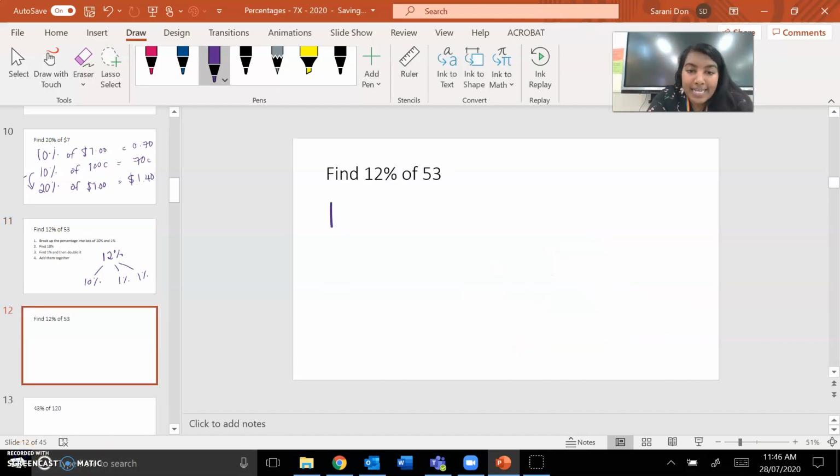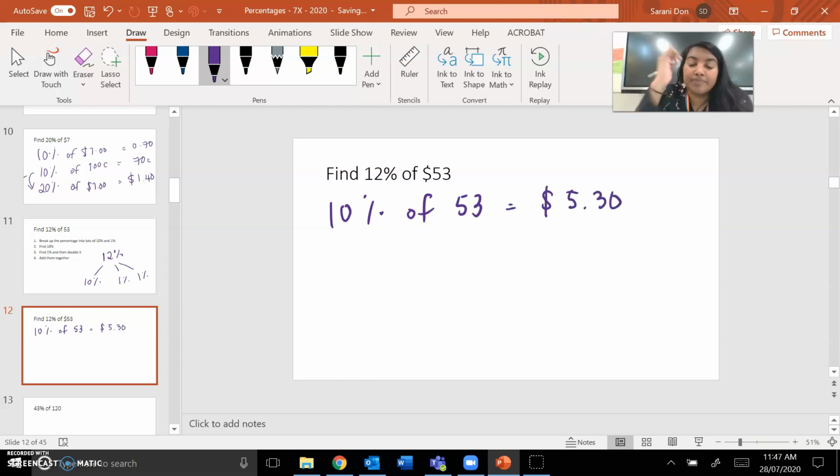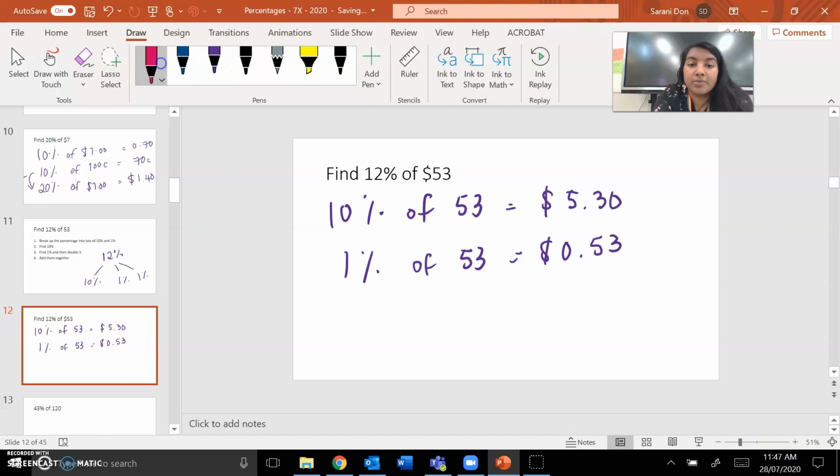Okay, so I'm going to find 10% first. So 10% of 53, so let's assume that it's in dollars, so it just makes it a bit easier. So $53 is, remember we moved the decimal place once, so it's $5.30. Then we're going to find out 1% of 53, which means you move the decimal place twice, so this becomes 0.53, and we know that we're trying to find 12, so we're going to multiply this by 2.